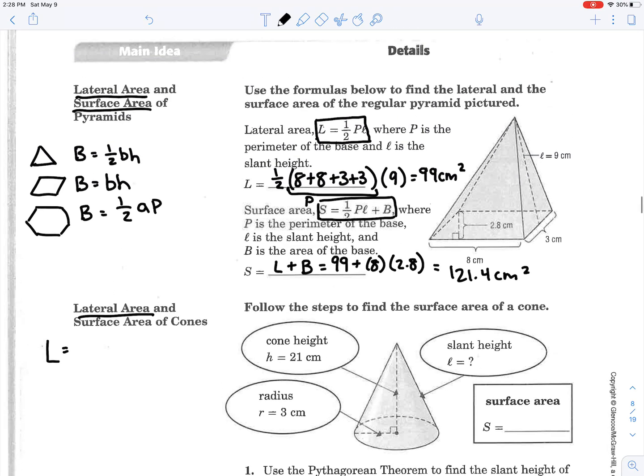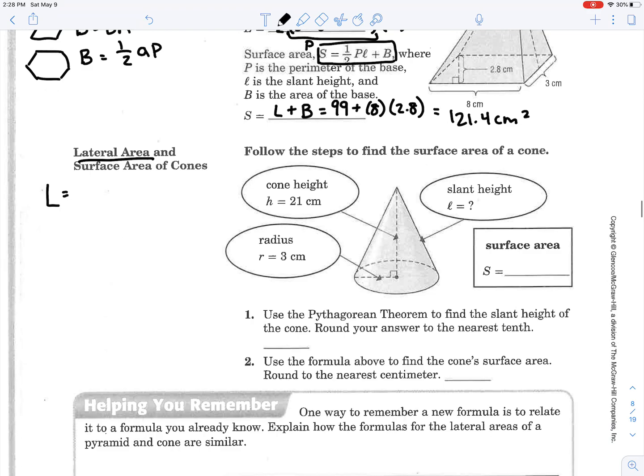If you notice, the difference between the lateral and surface area formula when we're dealing with a pyramid versus a prism, we added that 1/2 in there. We're going to do the same thing with a cone. If we take half of the surface area of the cylinder, we're going to get the surface area of the cone.